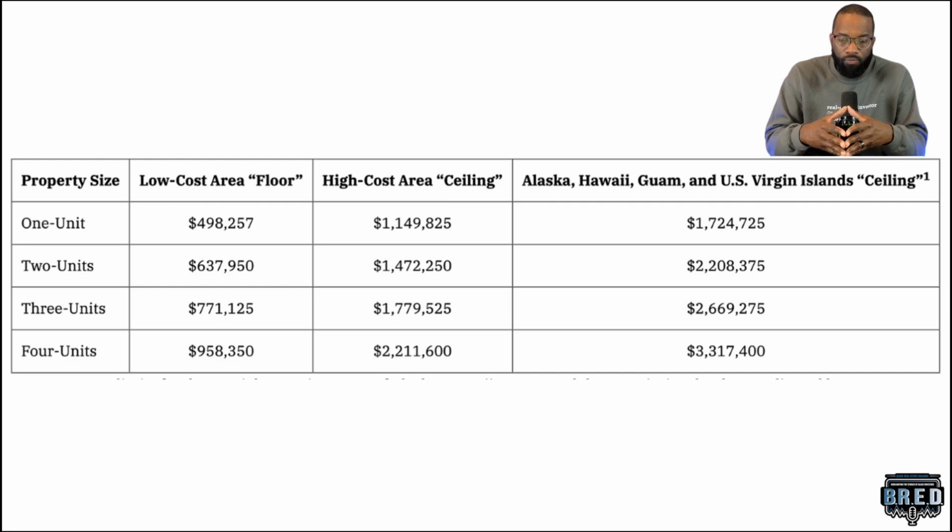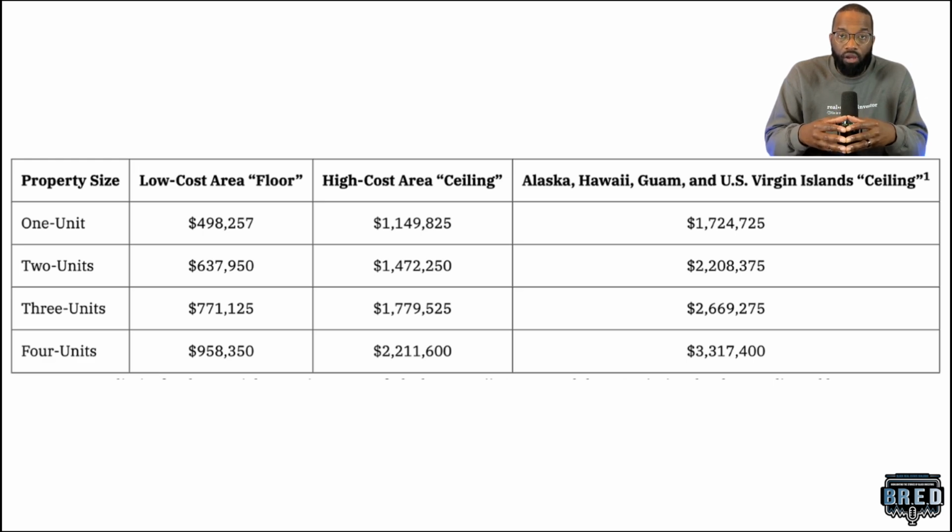Hopefully that makes sense. So let's go down to 2 units. For 2 units, it is $637,950 for the low cost area floor. So that's the minimum for a low cost area. And then the high cost area ceiling, or the maximum, is $1,472,250. And then for 3 units, it is $771,125.